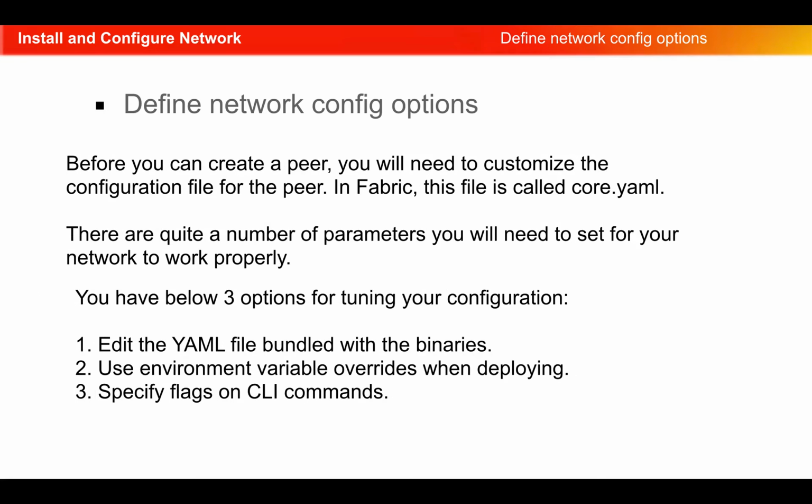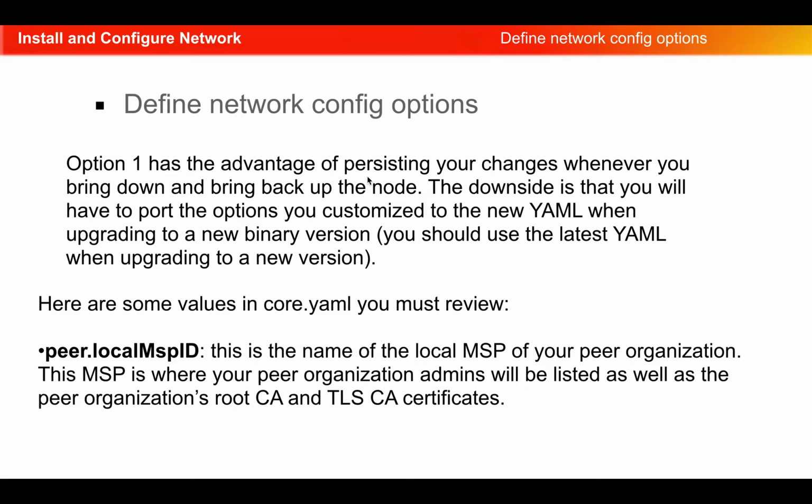You have this first option, which is to edit the YAML file bundled with the binaries. The advantage is that you can persist your changes whenever you bring down or bring back the node.